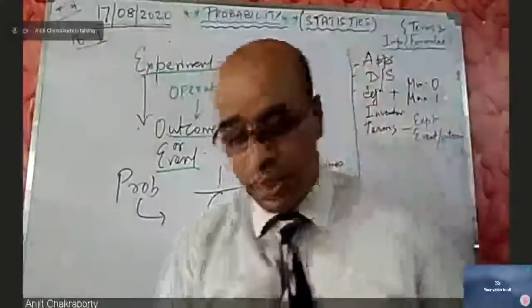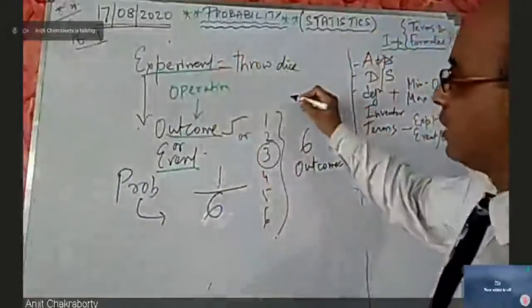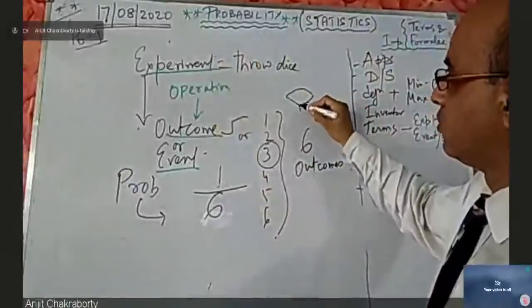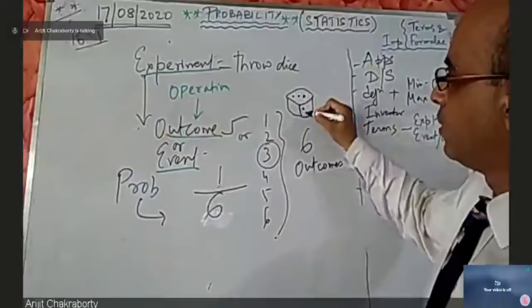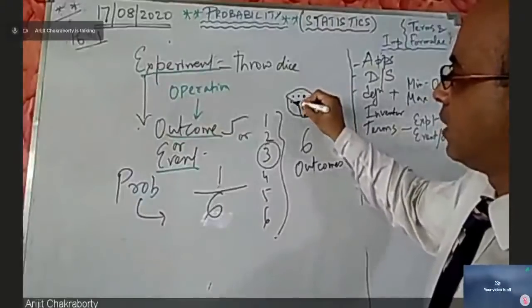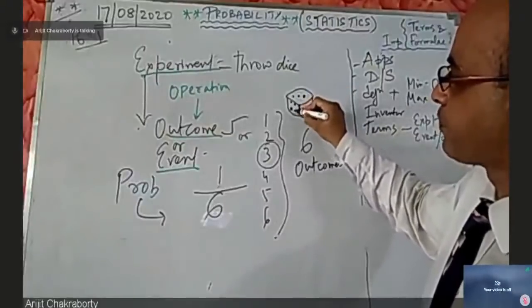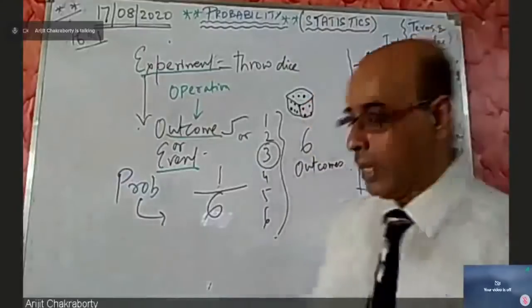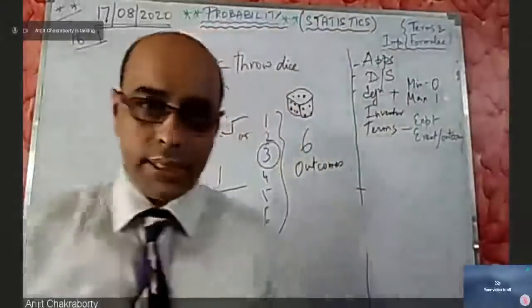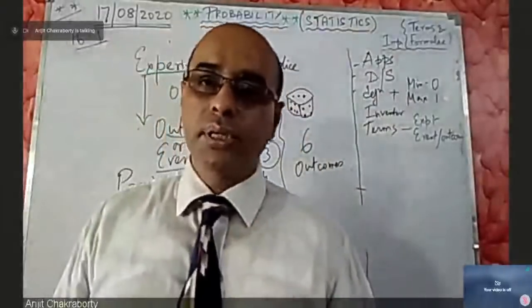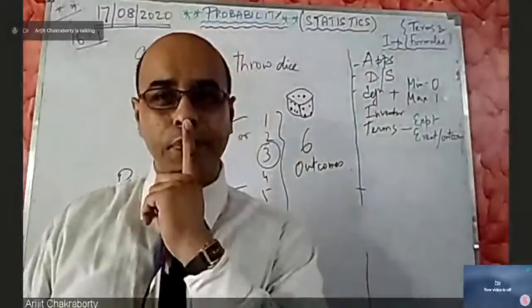If I ask you that when you throw this dice, what is the probability that you will get a number which is a multiple of 2?